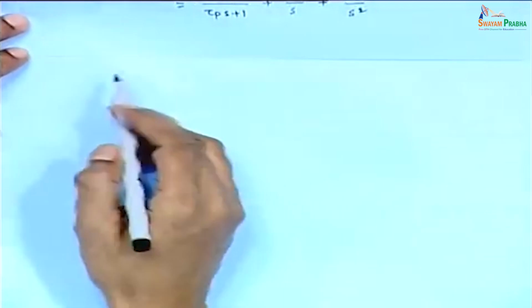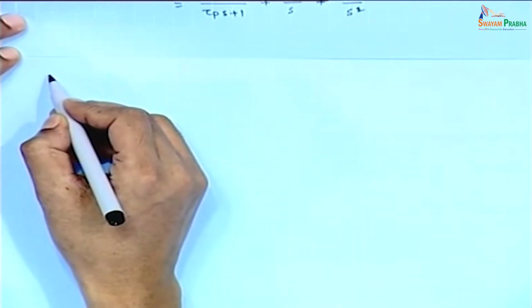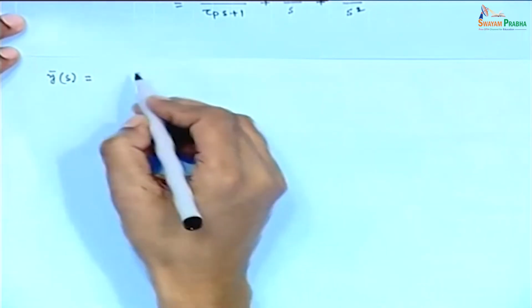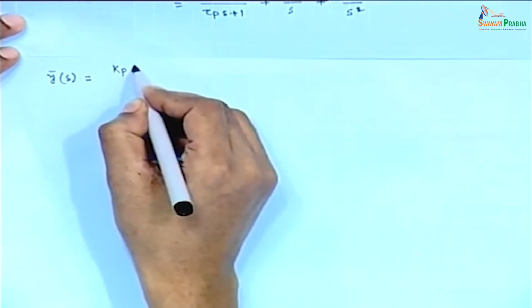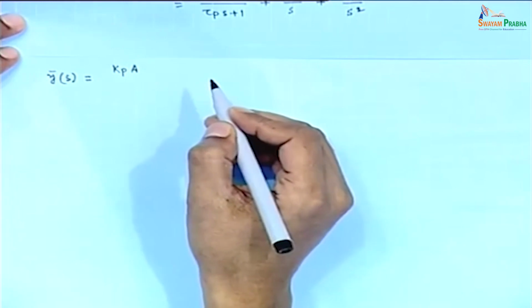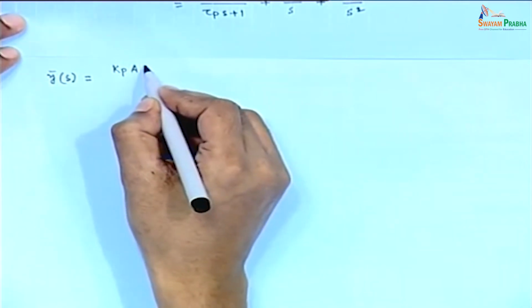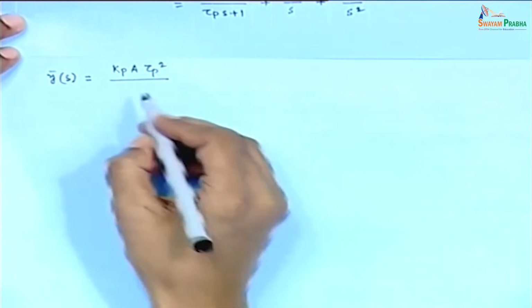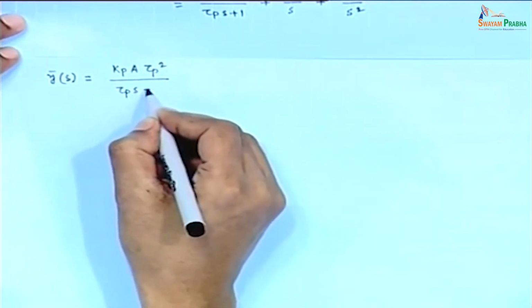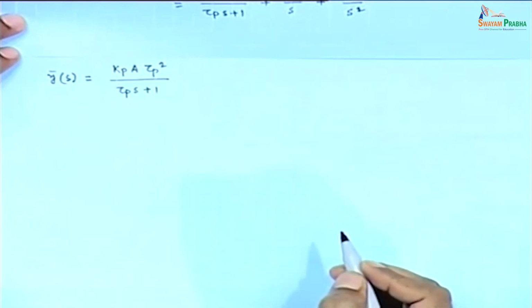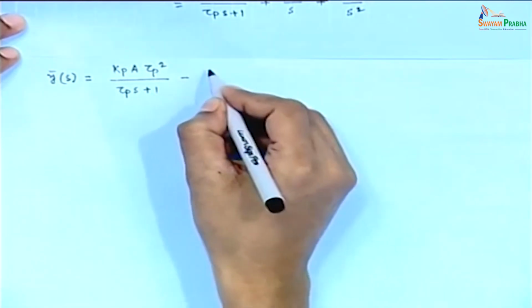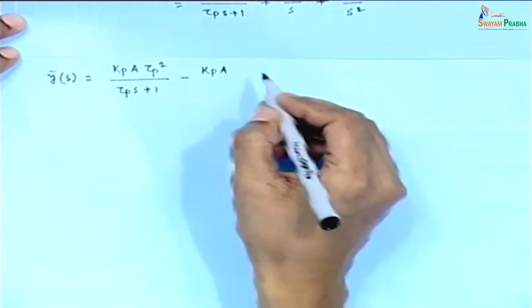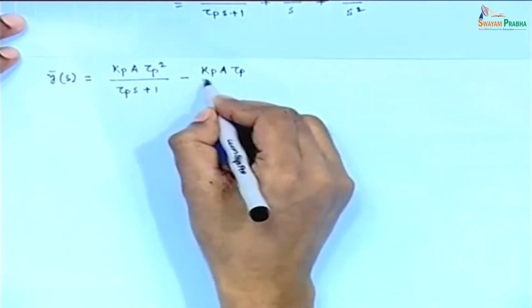And finally, we will get y bar s equal to Kp a tau p square divided by tau p s plus 1, and next term minus Kp a tau p divided by s.